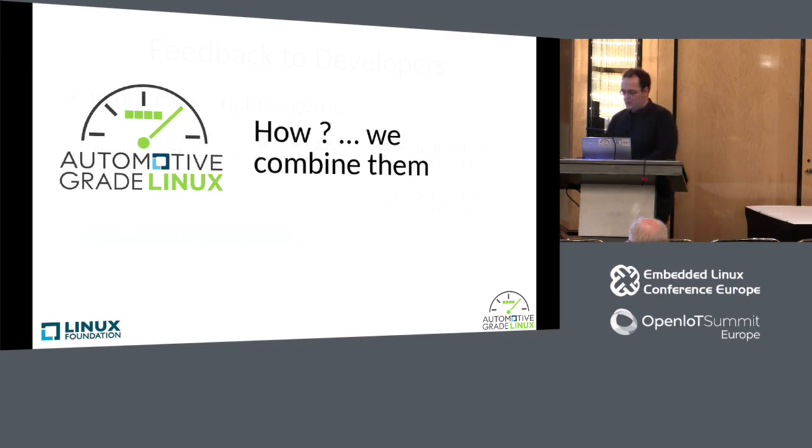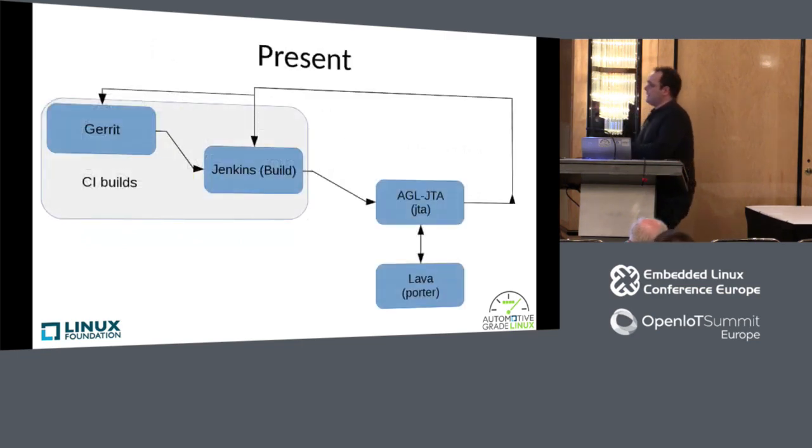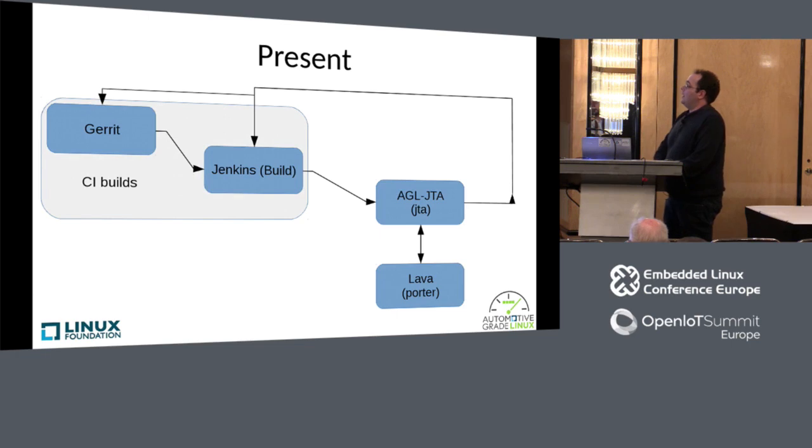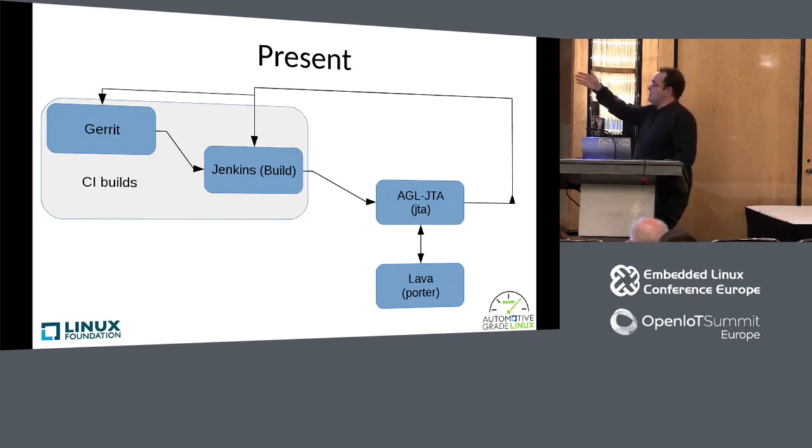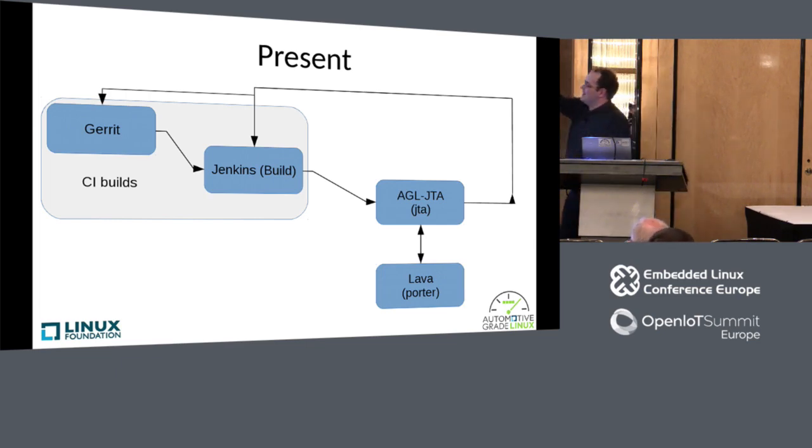So, how do we combine them? At the moment, we have this setup over here. As I said, Gerrit, Jenkins for the builds, JTA for running the tests, and at the moment, we get the board through LAVA.